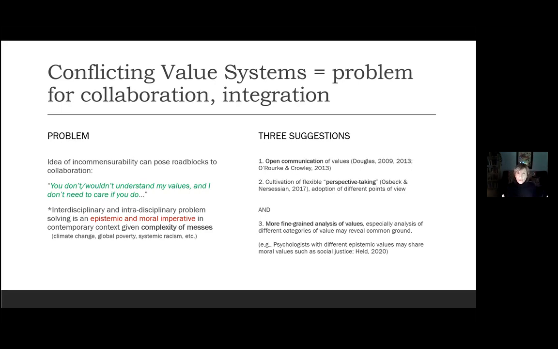They may be united by a common interest, or common moral value, right? Both trying to alleviate human suffering. Barbara Held recently pointed out that psychologists with very different epistemic values may share an underlying value of social justice, even though they go about trying to pursue that aim in very different ways.